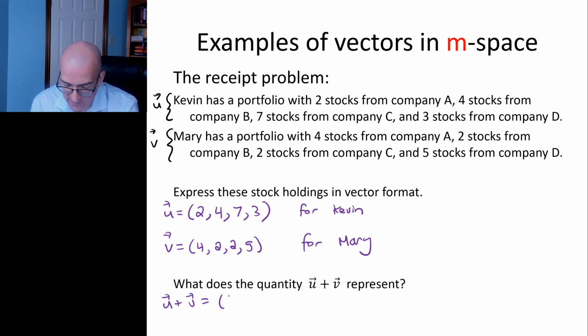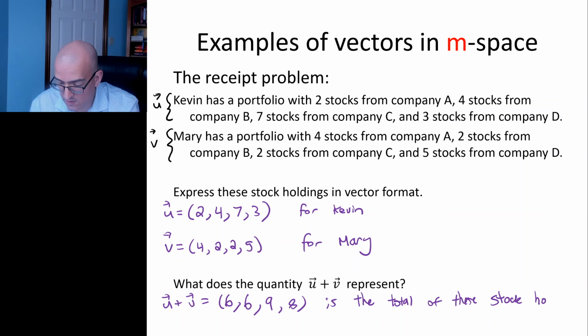It's going to be 2 plus 4, 6, 4 plus 2, 6, 7 plus 2, 9, 3 plus 5, 8. What does it represent? It is the total of these stock holdings of Kevin and Mary combined.